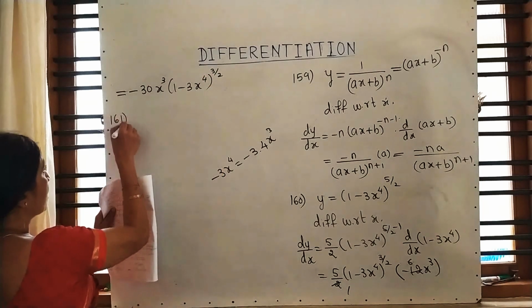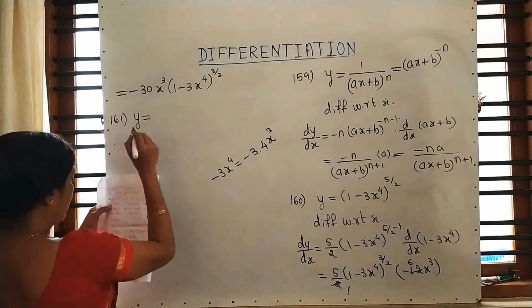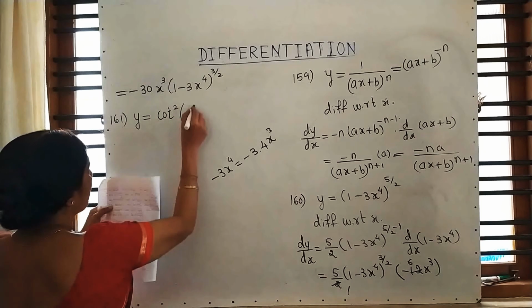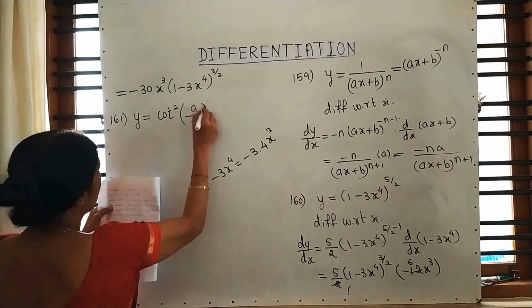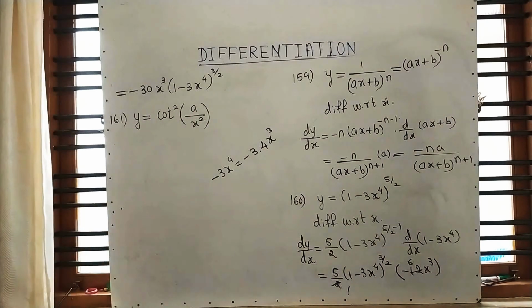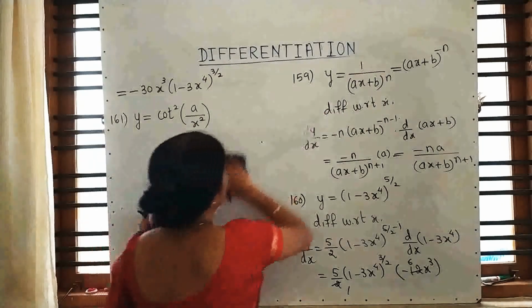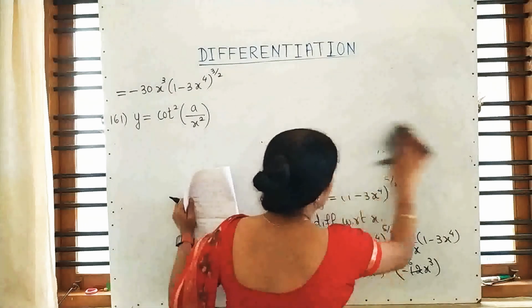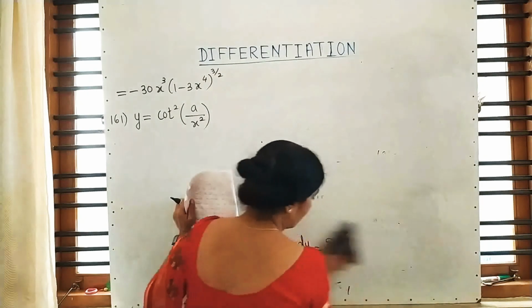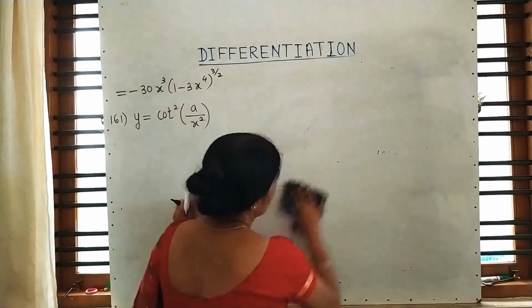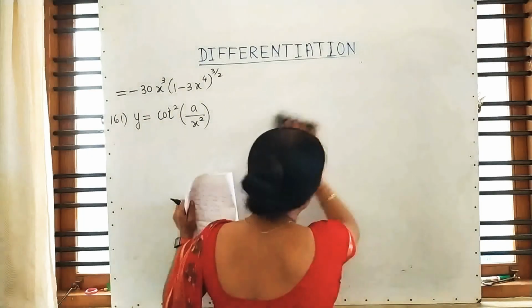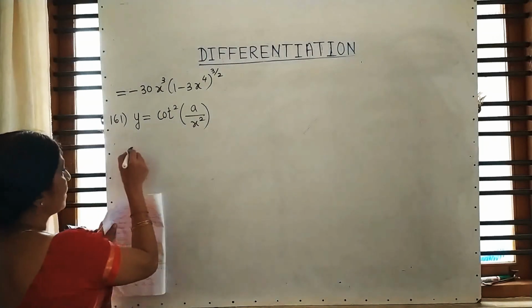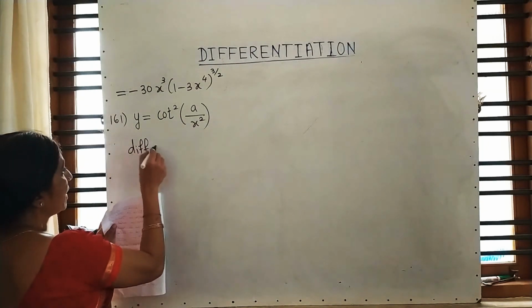Question number 161. Y is equal to cot square a upon x square. First, here we have to differentiate the power.